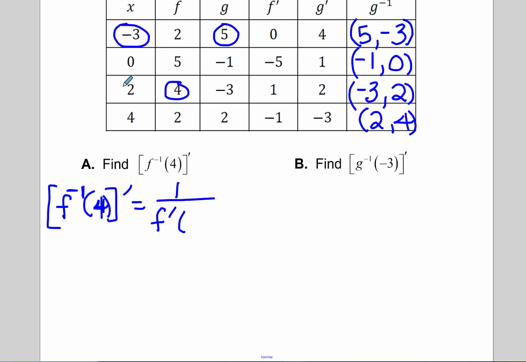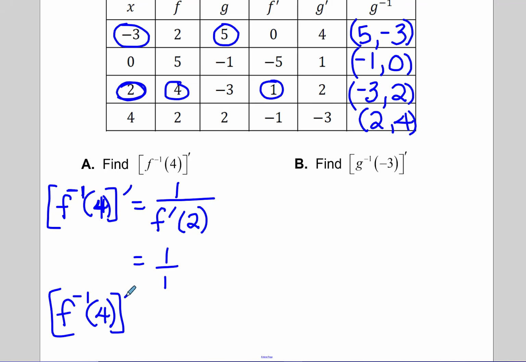So the F prime of 2 would be the X, and that slope is 1, so we have 1 divided by 1. That means the slope at 4 on the inverse function is 1.